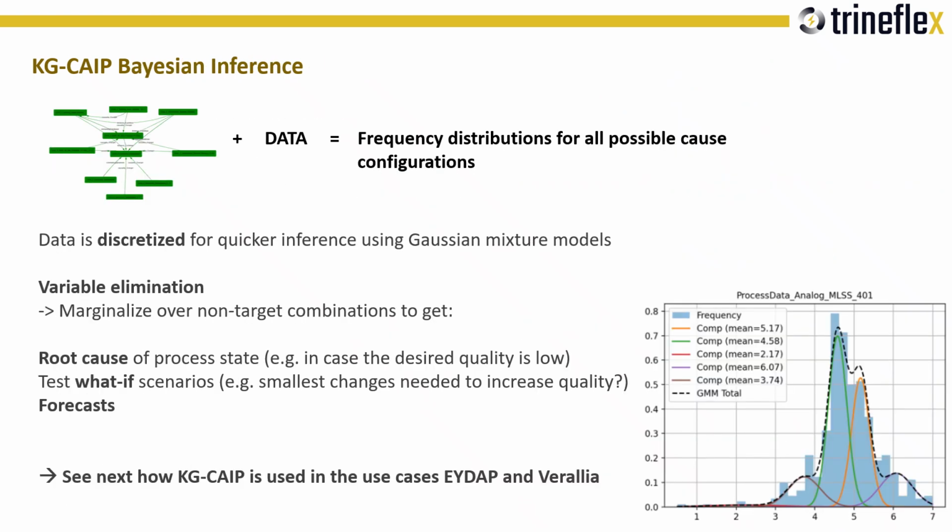So now we have our data and we have our knowledge graph, or also our causal temporal graph. The two together allow us to retain frequency distributions for all possible cause configurations of any node of choice.